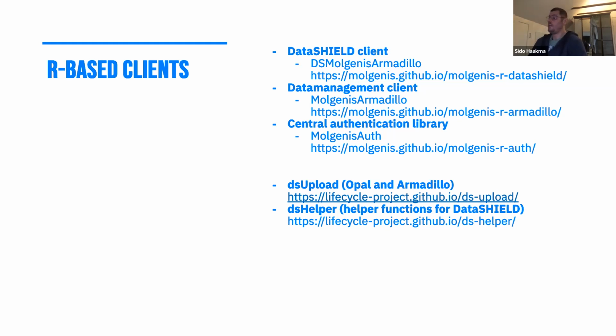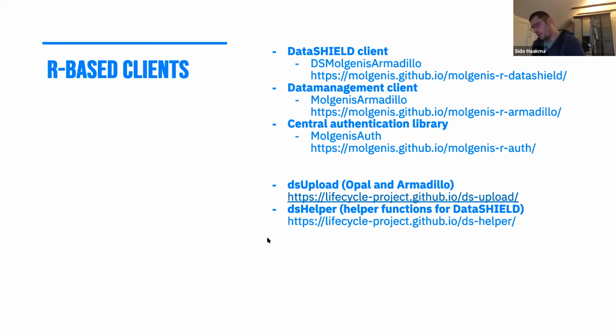Then you have a DataSHIELD management client, which is Molgenis Armadillo, and Opal has an equivalent, which is Opal R. And then we have a central authentication library. Molgenis Auth enables us to authenticate to an external ID provider. That wasn't already available in R, but we developed it. And this is a generic library, so you can use it in whatever R project you want if you need to connect to a central authentication mechanism.